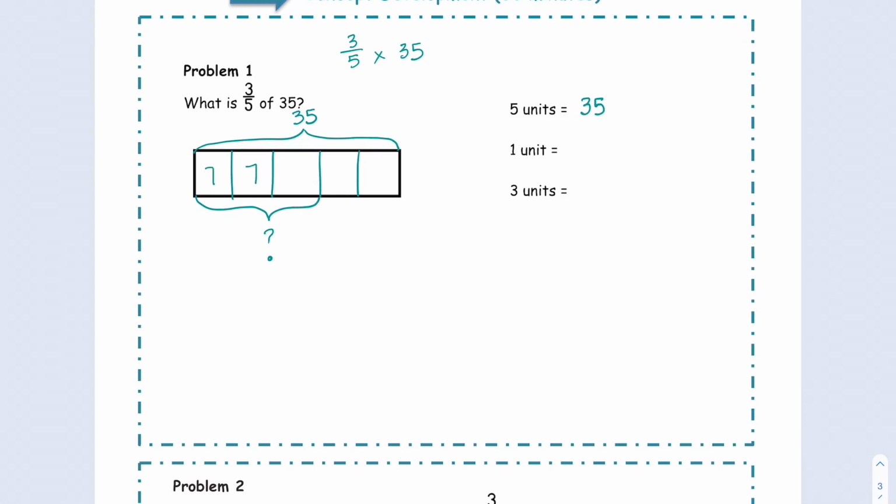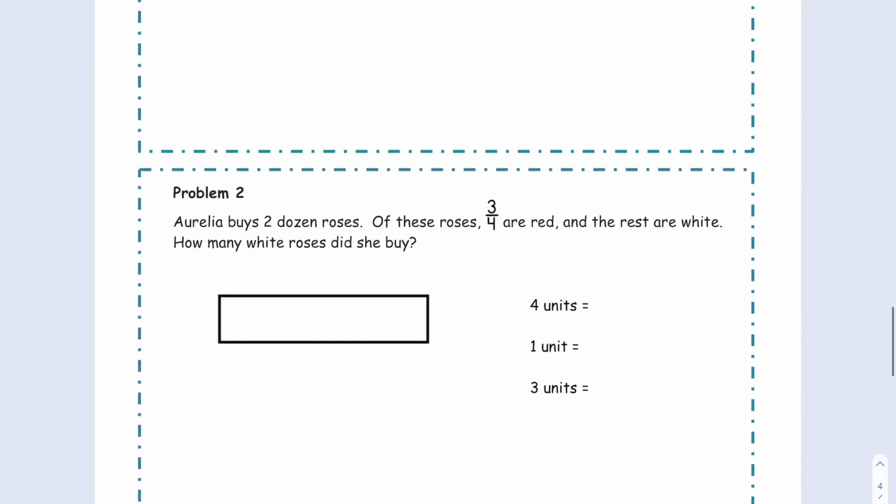So each box, or each unit, is going to be 7. Now, to figure out 3 of those, that would be 21. So 3/5 of 35 equals 21. Okay, let's look at problem 2.